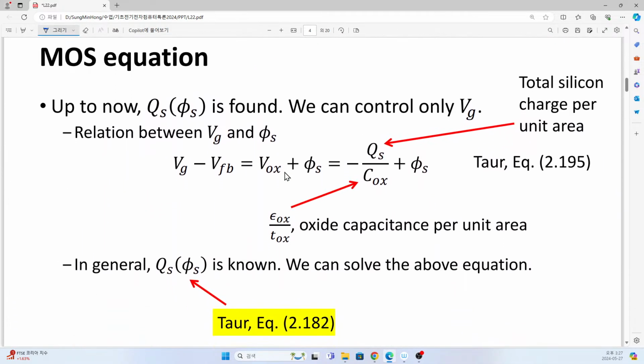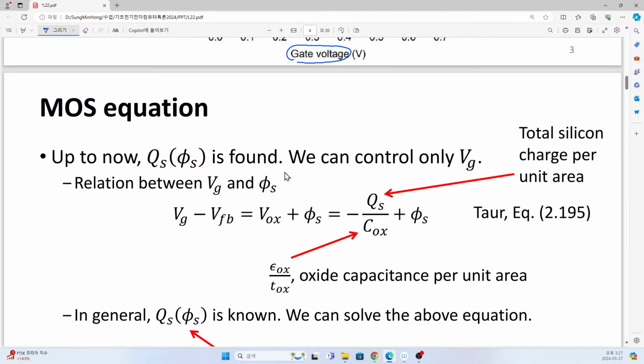So that was just the remaining story of our previous lecture. Now we have tried to express our silicon charge as a function of surface potential, and we were able to derive this relation. For this planar MOSFET case, we can find even an analytic expression.